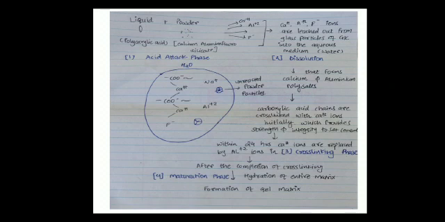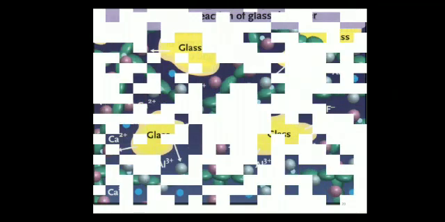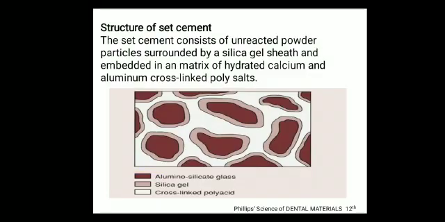Not all the powder particles react with the liquid. Some remain unreacted, and they are surrounded by the reacted powder particles with the carboxyl group. Here we can see aluminosilicate glass particles which are surrounded by the silica gel sheath, and they are embedded in the matrix of hydrated calcium and aluminum cross-linked polysalts.